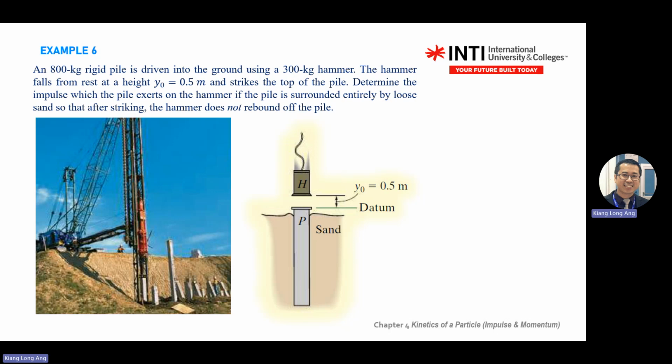Right? Change of momentum is mv2 minus mv1. All right. So remember to write your equation in all your solutions.